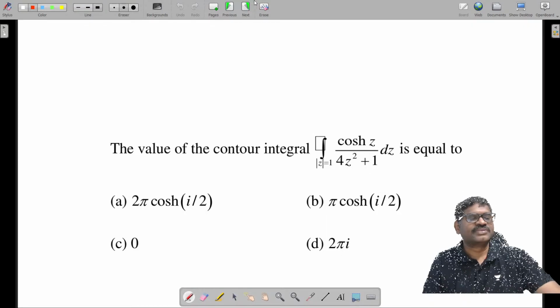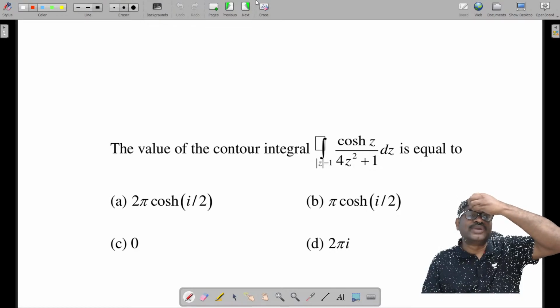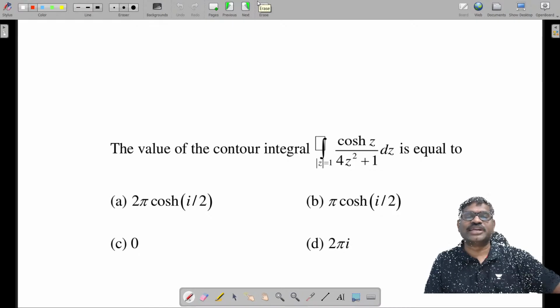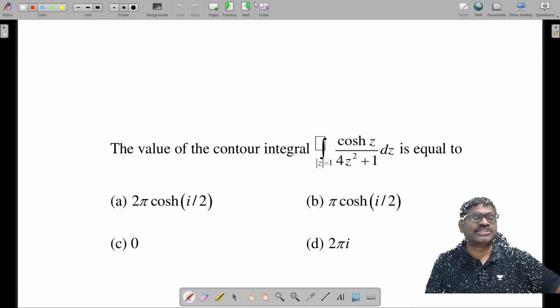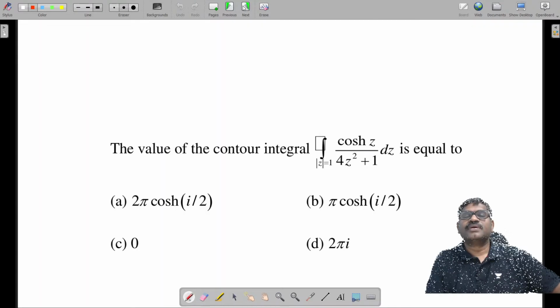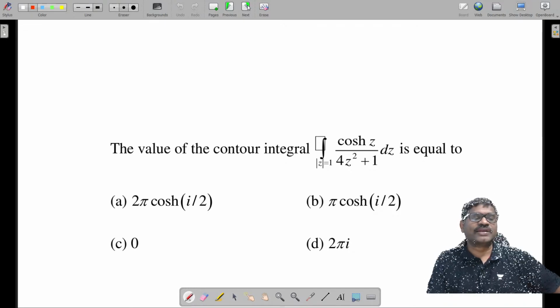Next problem. The value of the contour integral of cos hz by 4z square plus 1 dz, where the contour is the circle mod z equal to 1, the unit circle.